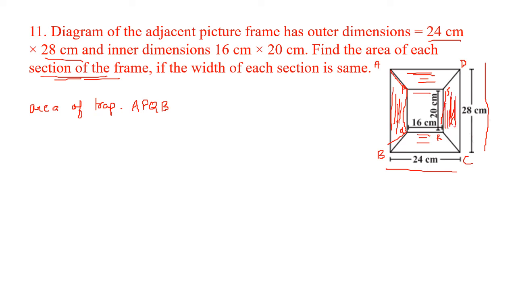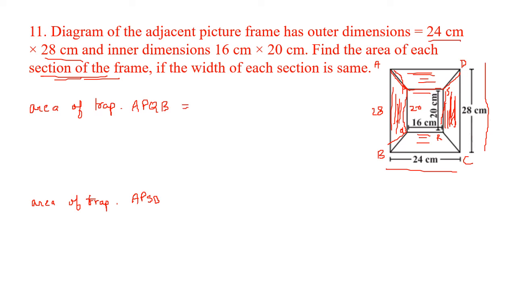They both will be equal because this is also 20 and this is also 28. So I'll only find the area of one because the area of both will be equal, and I have to find the area of trapezium APSD.